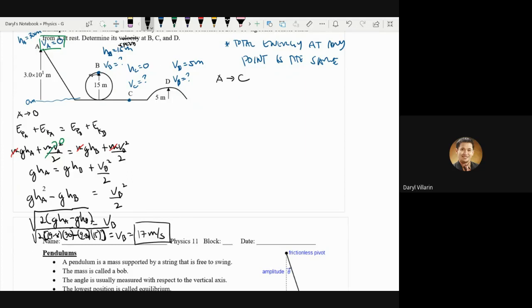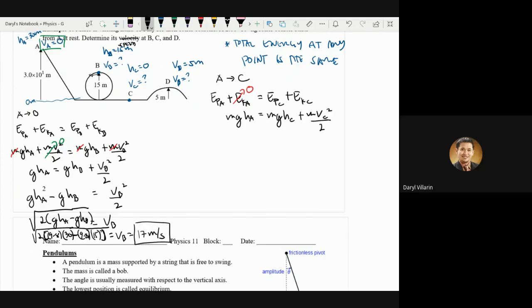So this should be potential at A plus kinetic at A is equal to potential at C plus kinetic at C. Again, I know already that kinetic at A is 0. So I'm just going to expand this: mgha is equal to mghc plus mv sub c squared over 2.